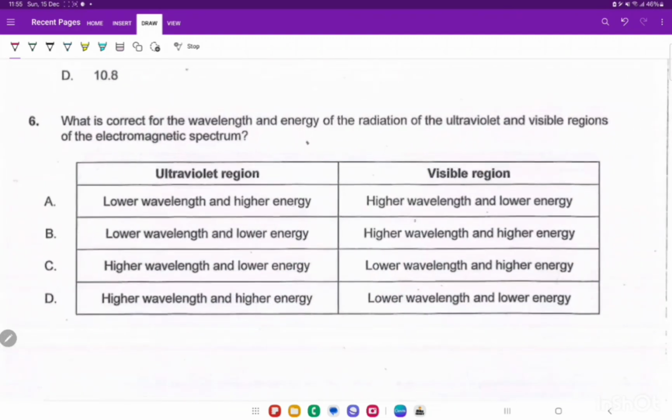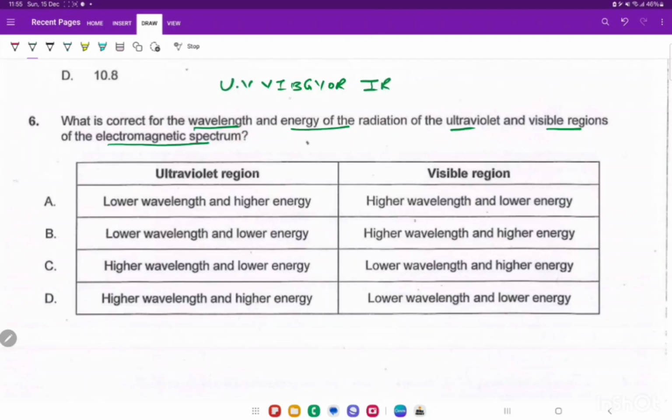Next, what is correct for the wavelength and the energy of the radiations? We have to find out the wavelength and energy of the radiations of the UV and visible region of the electromagnetic spectrum. When I see VIBGYOR, here is IR and here is UV.